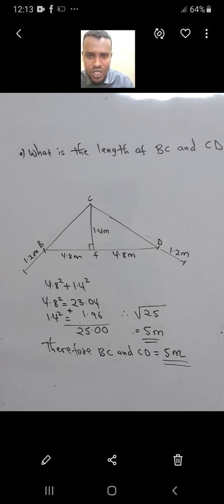So I will say 4.8 squared plus 1.4 squared. 4.8 squared is 23.04, as you see there. 1.4 squared is 1.96. So when you add, the answer becomes 25 exactly. So the square root of 25 is what? 5. Therefore, BC and CD are 5 meter. They are the same. BC, CD, they are 5 meter.